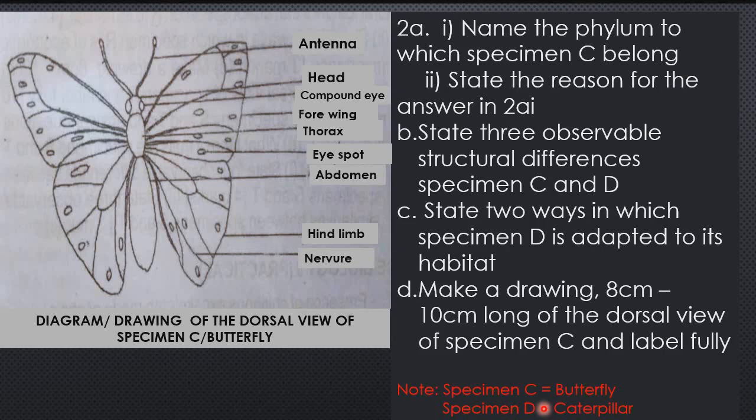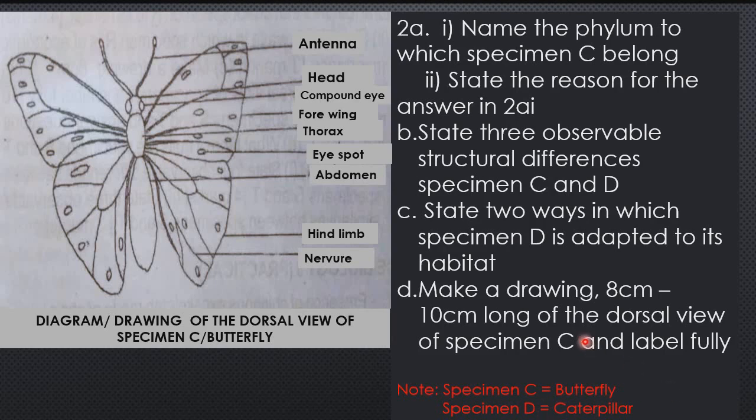It has claspers for attachment to vegetation. It has spiracles for gaseous exchange. It has simple eyes for vision. It has a pair of prolegs for climbing. So you should always correspond the structures with their functions.